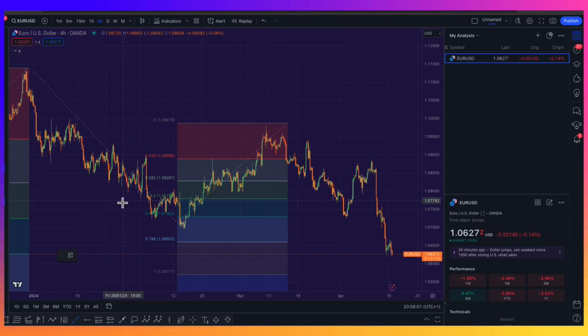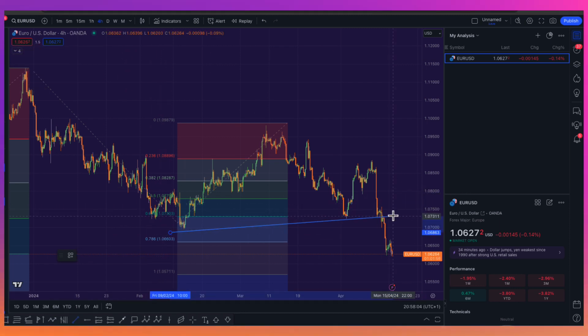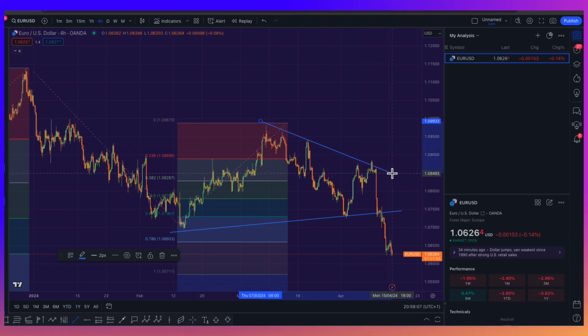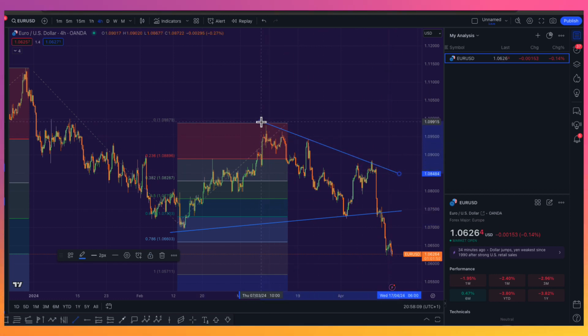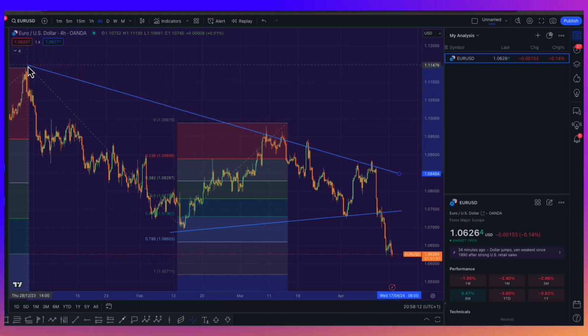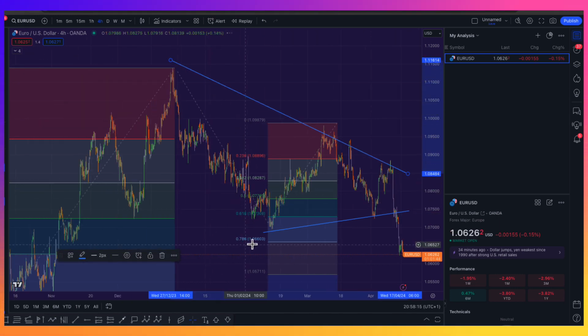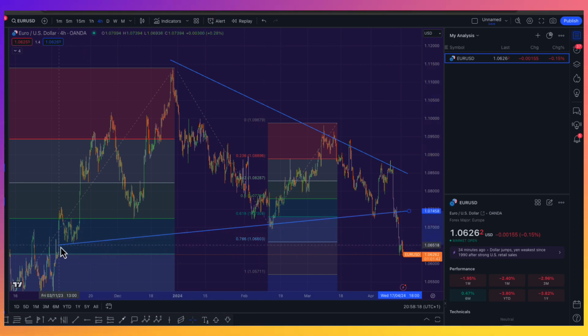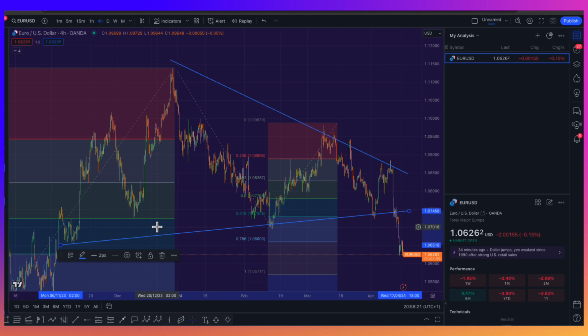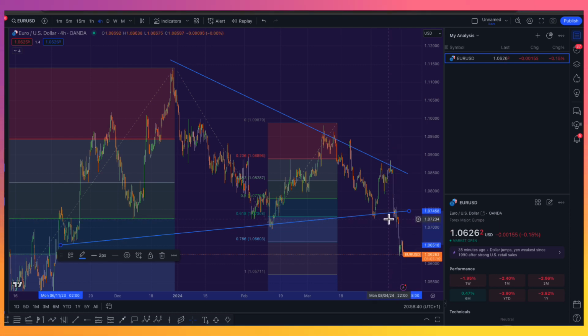If I again draw this kind of pattern, or the trend line that made the triangle pattern, it shows that there is an accumulation here, and through this accumulation, when it happened, it springs like a spring, it breaks and would go much lower, so it would give us a good opportunity to sell, for example.